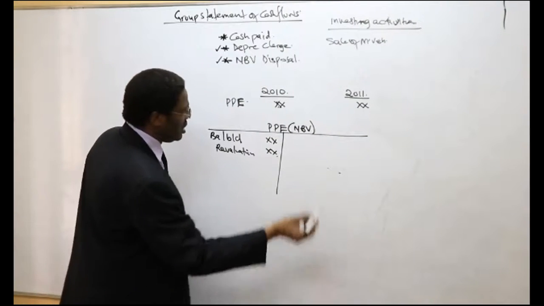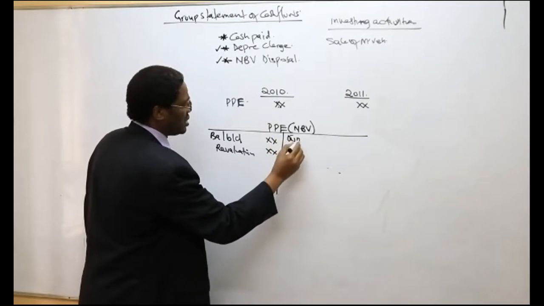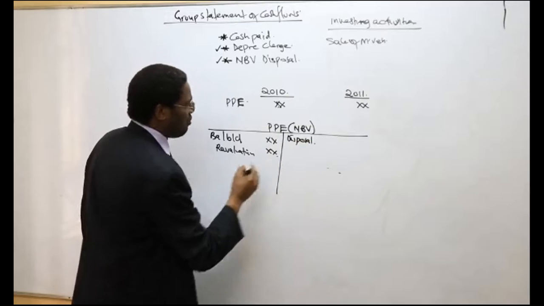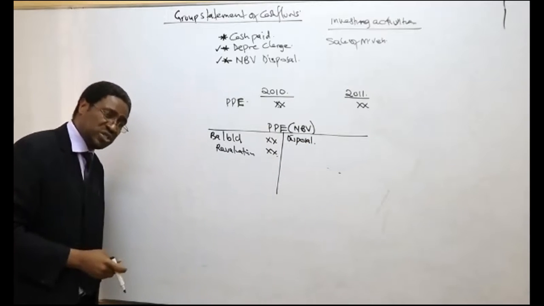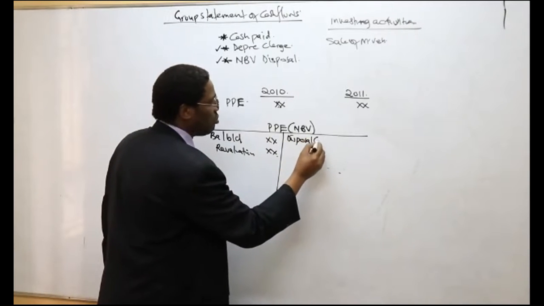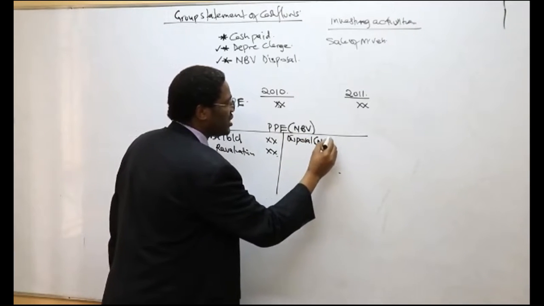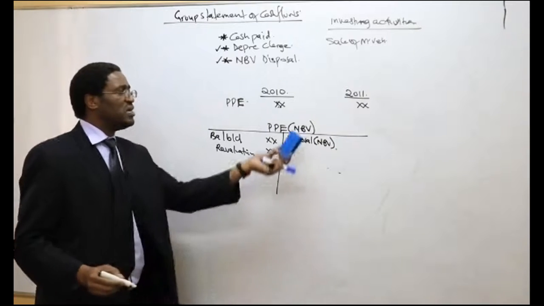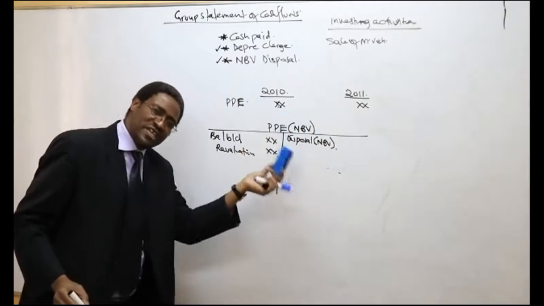Maybe during the year we disposed of an asset. When you are disposing, you remove it from the account, and remember to remove it at its net book value, because we are maintaining this account at its net book value.